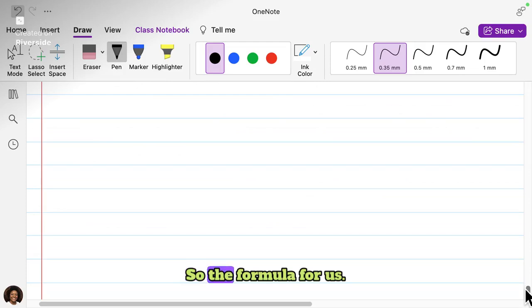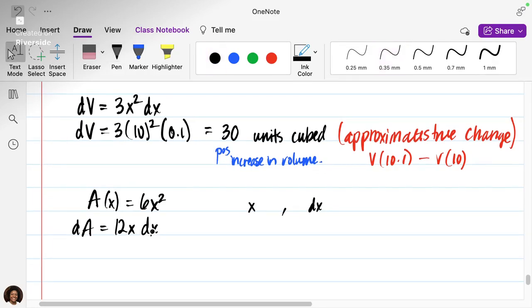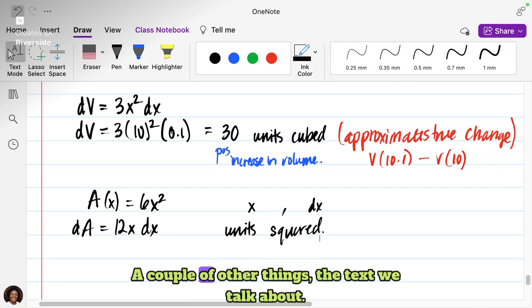So the formula for us would just be the differential of A would equal 12x times dx. And then that would give you your change in area in units squared because it's area. And that's it.